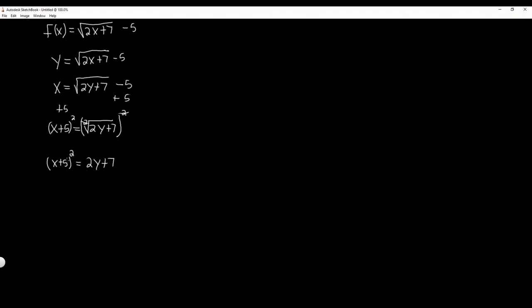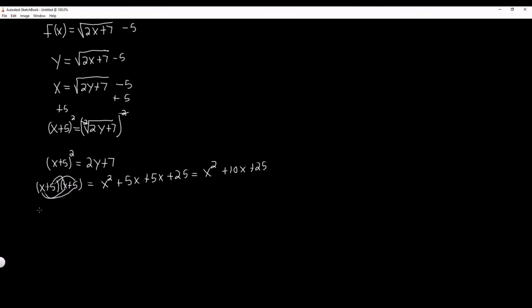We can leave this as x plus 5 squared, but I'm actually going to FOIL this, so this is going to be x plus 5 times x plus 5, and it's going to leave us with x squared plus 5x plus 5x plus 25, which is equal to x squared plus 10x plus 25.